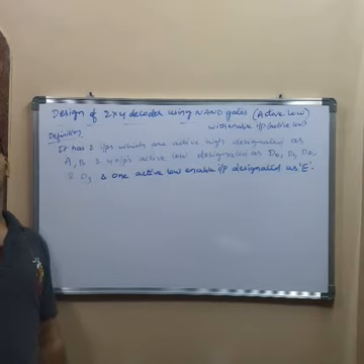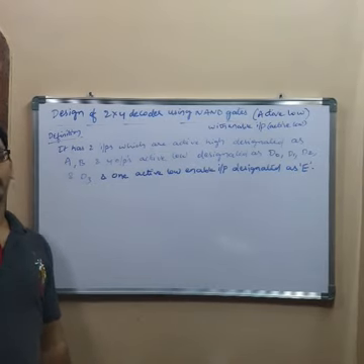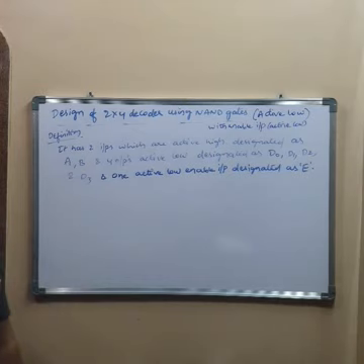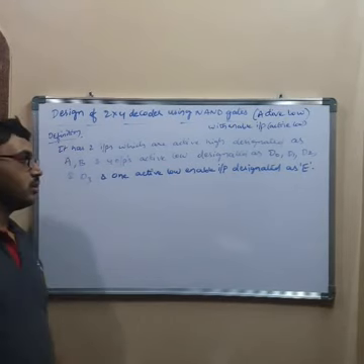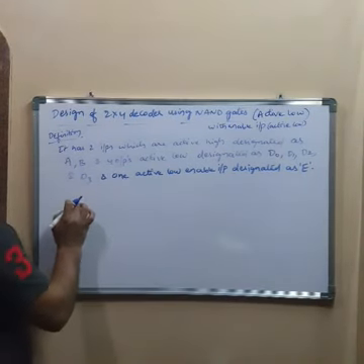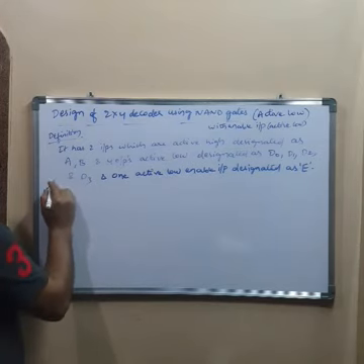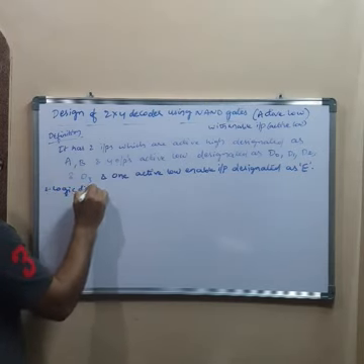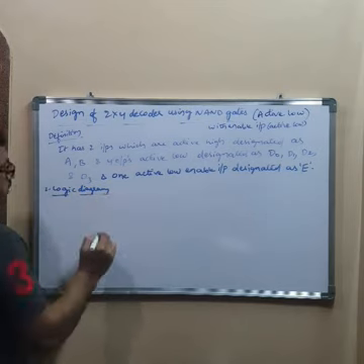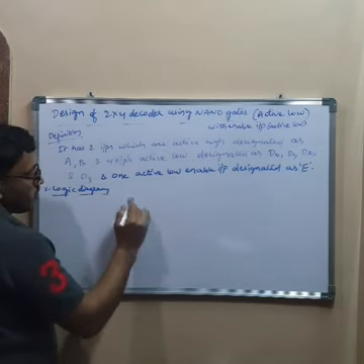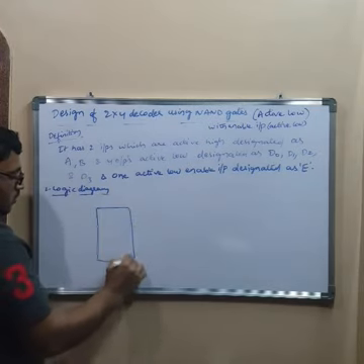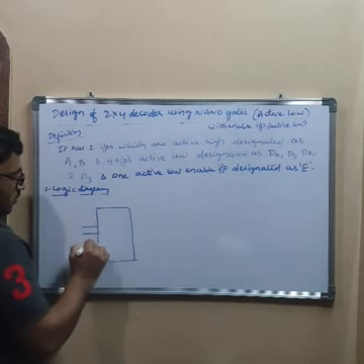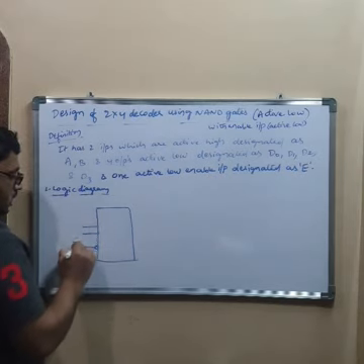If it is activated, based on the applied inputs, the output will be affected. If it is not activated, even if you apply any input, the output doesn't get affected, right? So next, truth table, block diagram, logic diagram. This is the active low enable input.